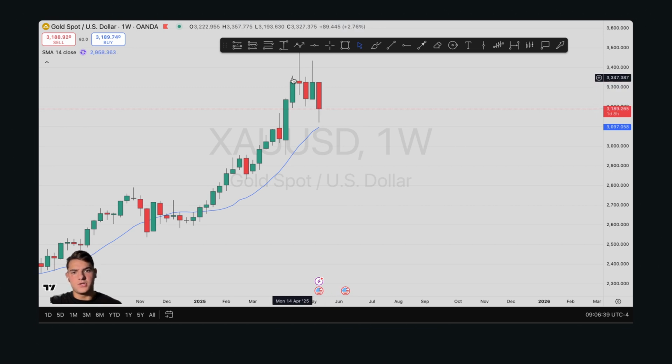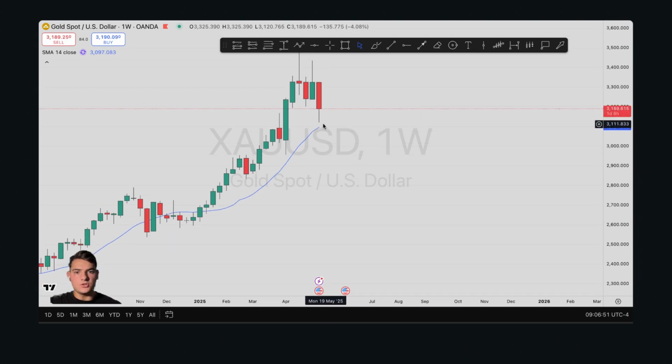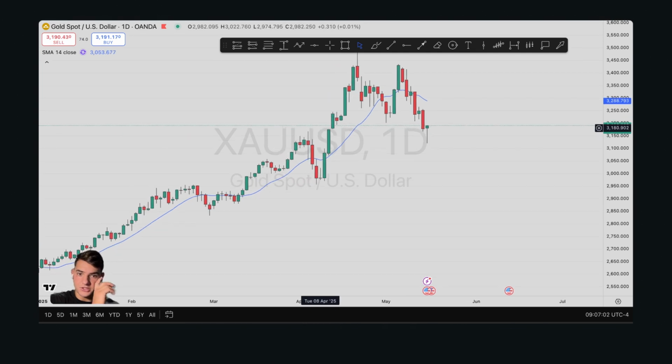So we have this basically exhaustion zone over here from 3,400 to close to 3,300, and now we're below the 3,200. So this could mean that there are possibly buying opportunities closer to the moving average. But we have to break down to lower time frames for us to understand more.